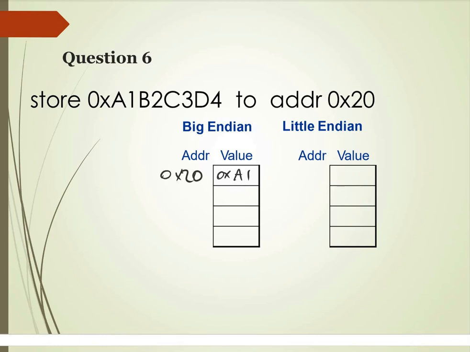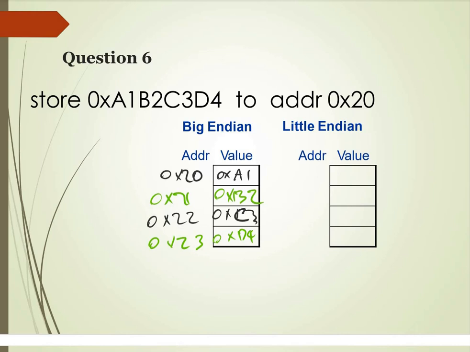Then we store B2 at 0x21, then C3 at 0x22, and then D4 at 0x23. So this is how it looks.